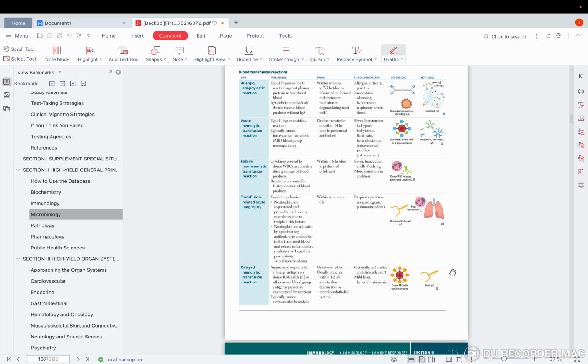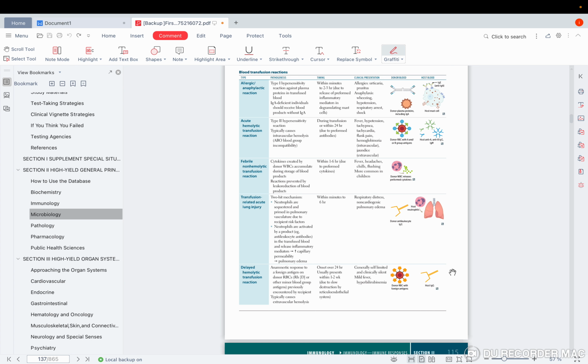Okay. So if we speak about ABO incompatibility, let's say you got the same acute hemolytic transfusion reaction, but your patient is the same ABO group as the donor, the same Rh group as the donor.